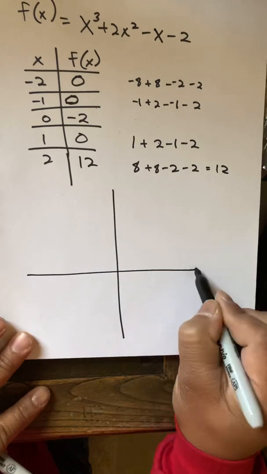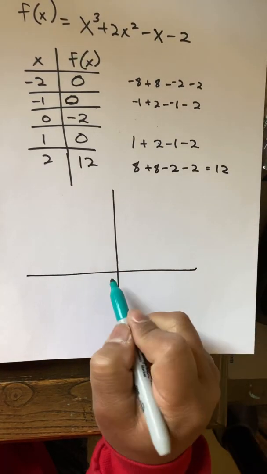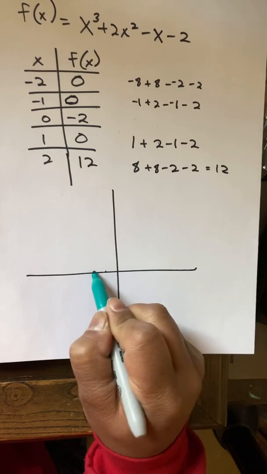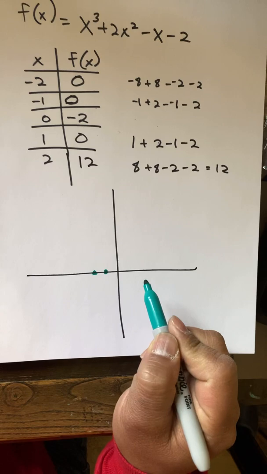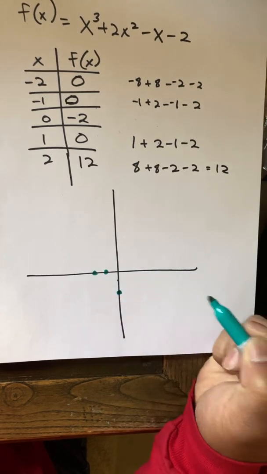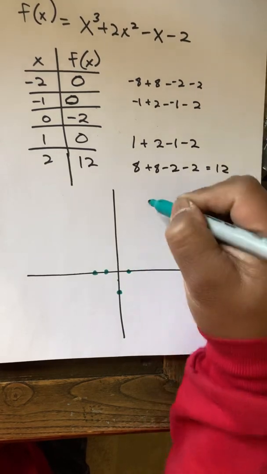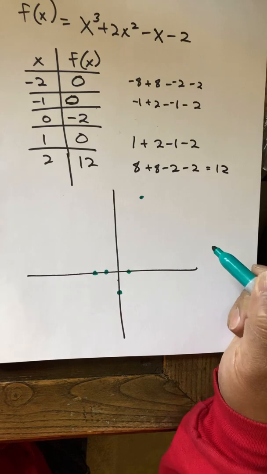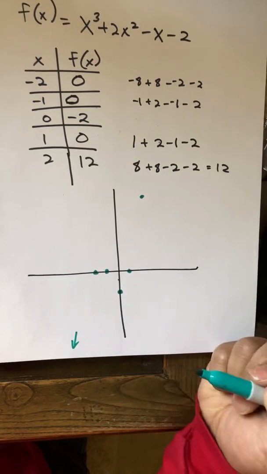I'm going to graph this whole thing. I know a bunch of points. There's (-2, 0) right there. Here's (-1, 0). (0, -2) is here, and (1, 0) there. I know that (2, 12) is way up here, and I know the end behavior is going to go down like this.